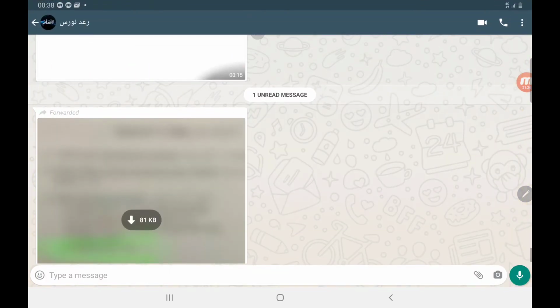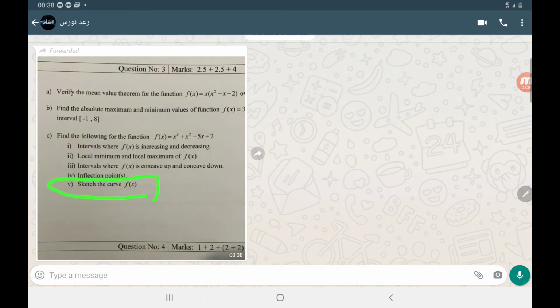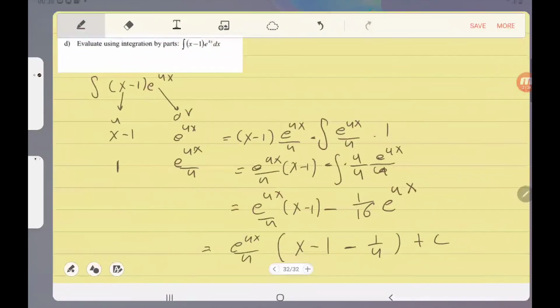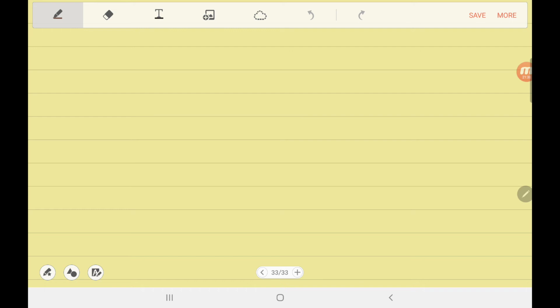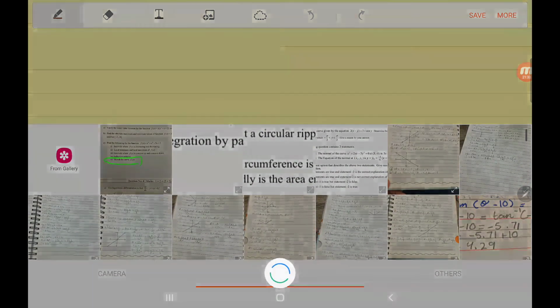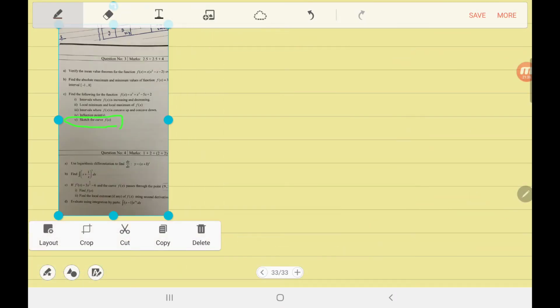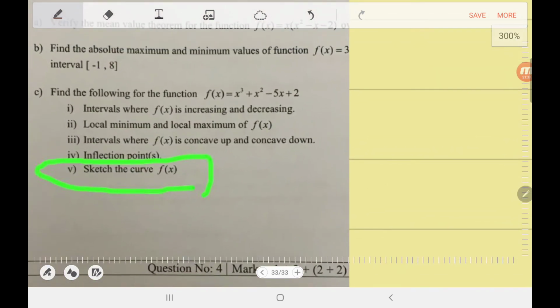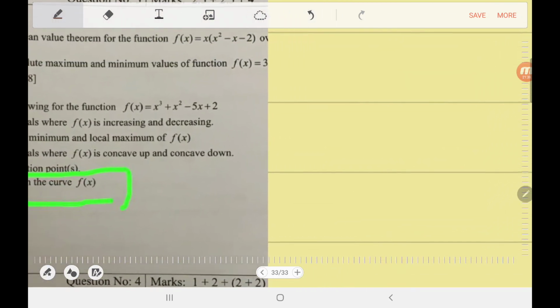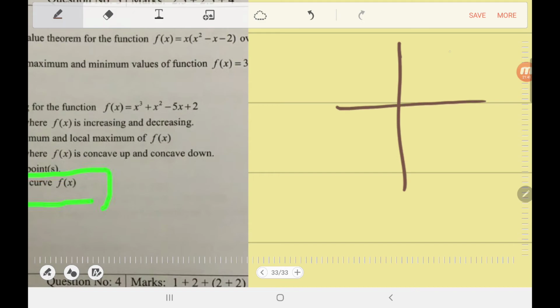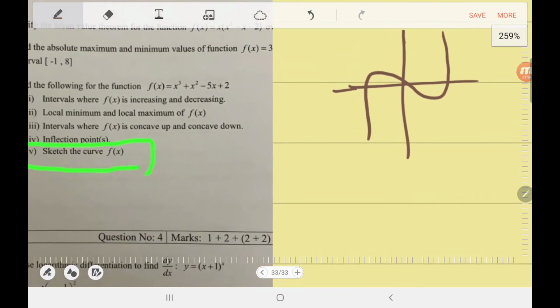Okay, that's your question, Zubair. You want to sketch the cubic. The drawing of a cubic is always going to be in that way. Let's check, that's the normal graph.